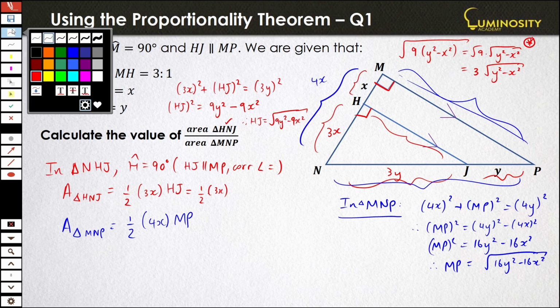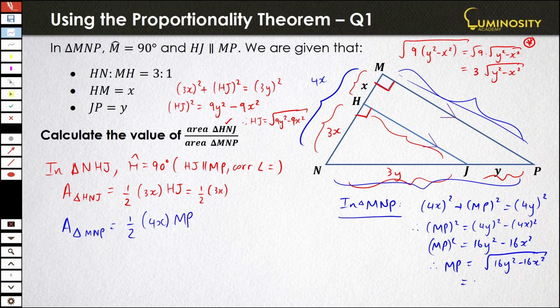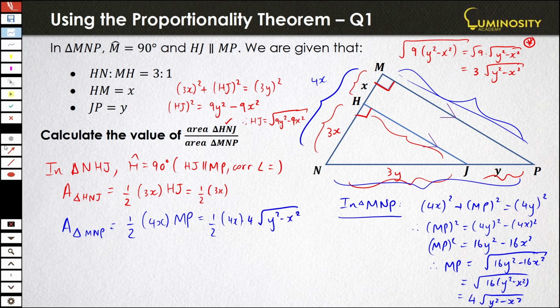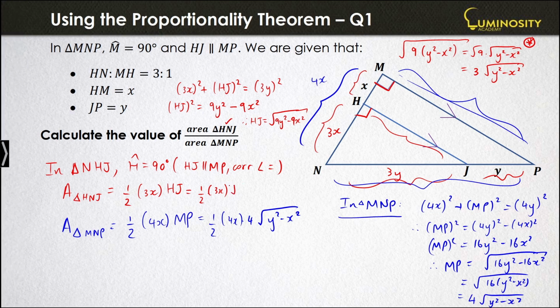I can do a similar thing here: take out 16 as a common factor, and the square root of 16 is 4, times the square root of y squared minus x squared. So this is equal to a half times 4x times 4 times the square root of y squared minus x squared. And over here, I have a half times 3x times 3 times the square root of y squared minus x squared.